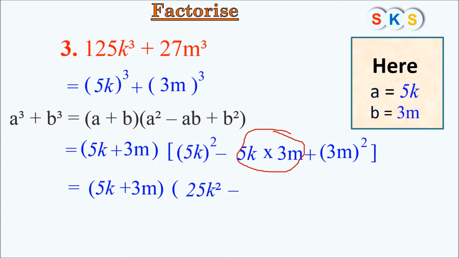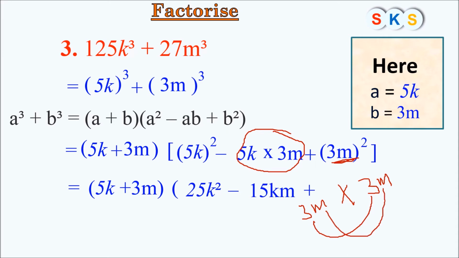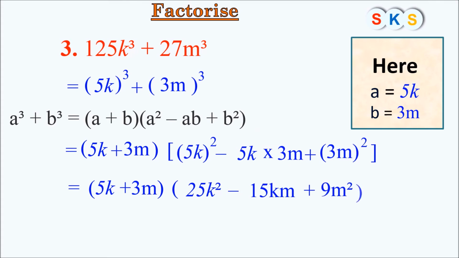So 5 into 3 is 15, and k into m is km. So we will get here 15km plus, the last term is 3m the whole square, and 3m the whole square means 3m into 3m. 3 into 3 is 9 and m into m is m square, so we will write here 9m square.